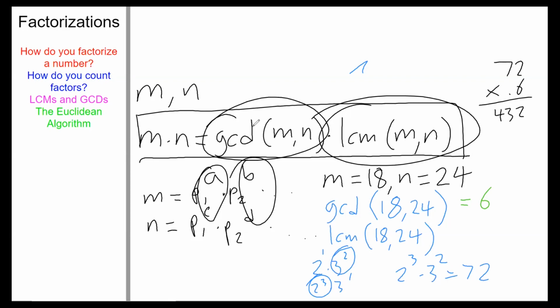Remember, m is 18 and n is 24. So if we look at the left side of the equation, what happens when you multiply 18 and 24 together? Can anybody tell me? Exactly. It's the same thing. It's 432. So that's just a little example to show how this equation works. Does anybody have any questions?